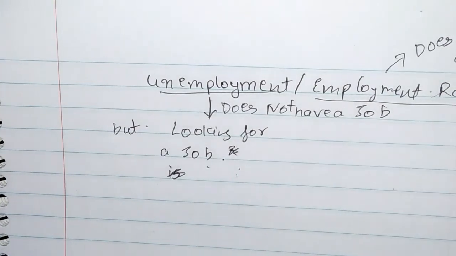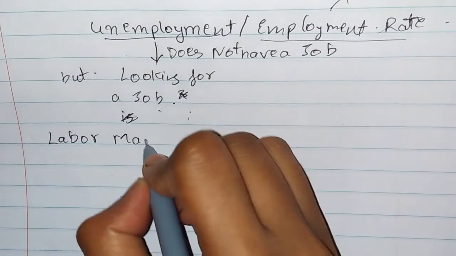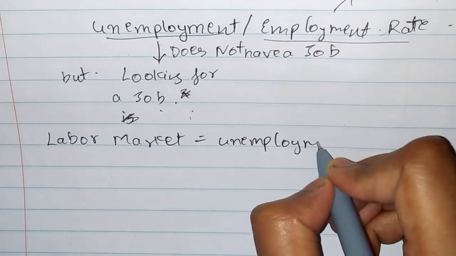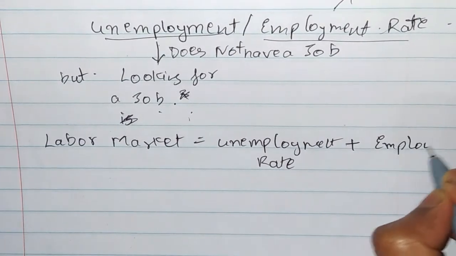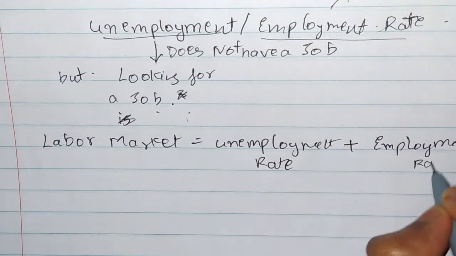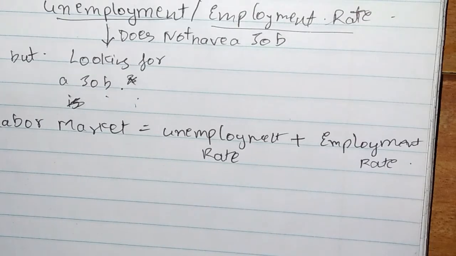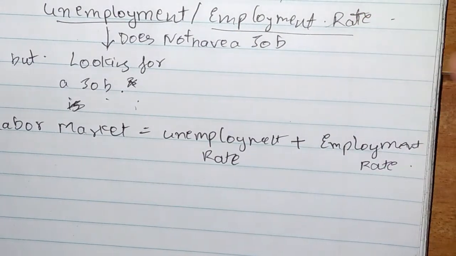So there is this labor market that exists, which is the sum of the unemployed and the employed. That means people who are actively participating in the economically viable situation.